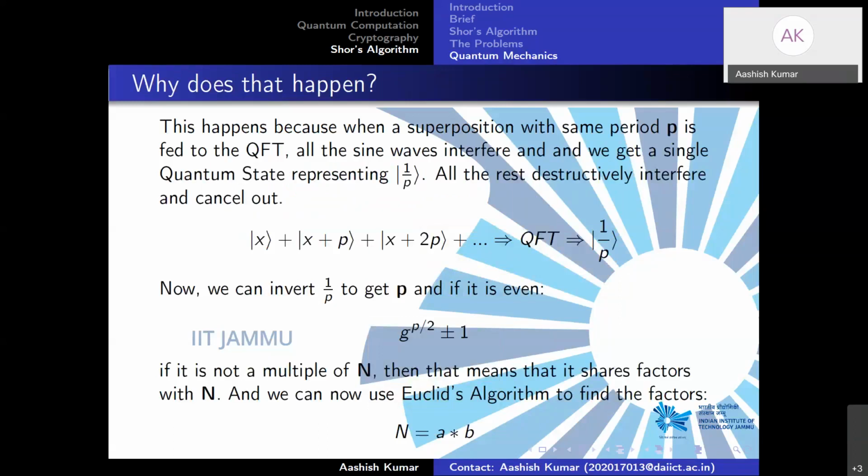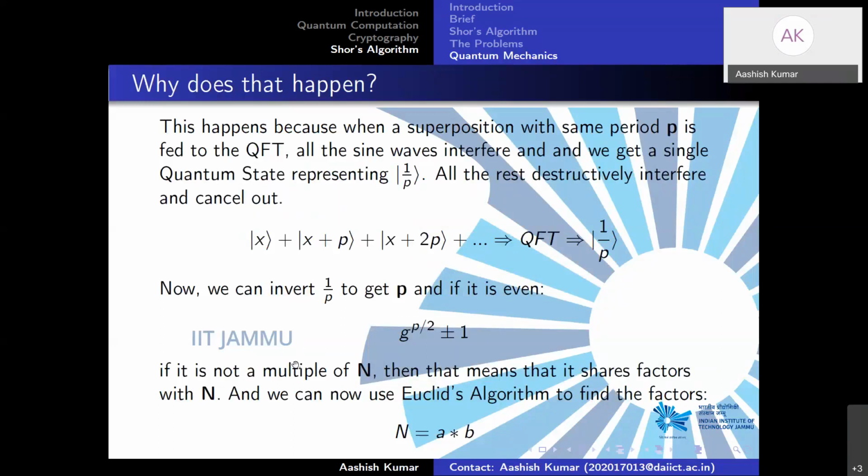So why does that happen? This happens because when a superposition with the same period P is fed to the QFT, all the sine waves that are produced interfere, and then we get a single quantum state representing 1 by P, which will be the frequency. And all the rest of the waves destructively interfere and cancel out.